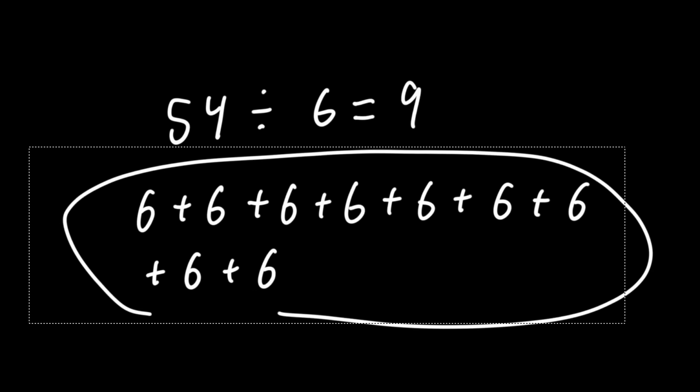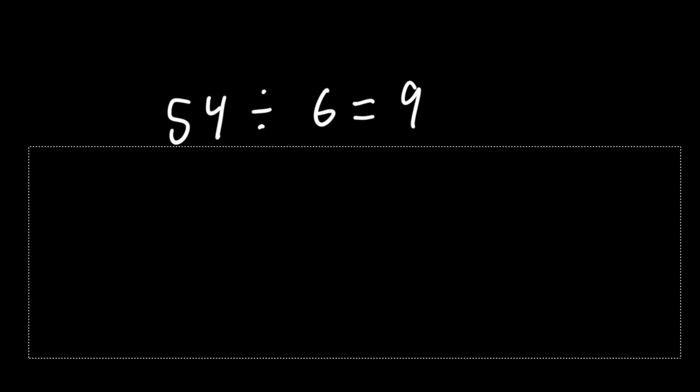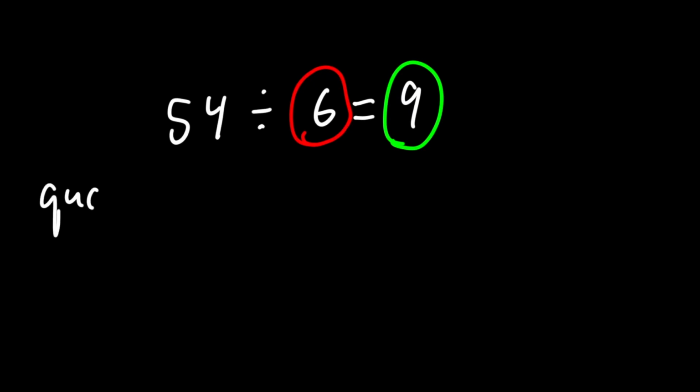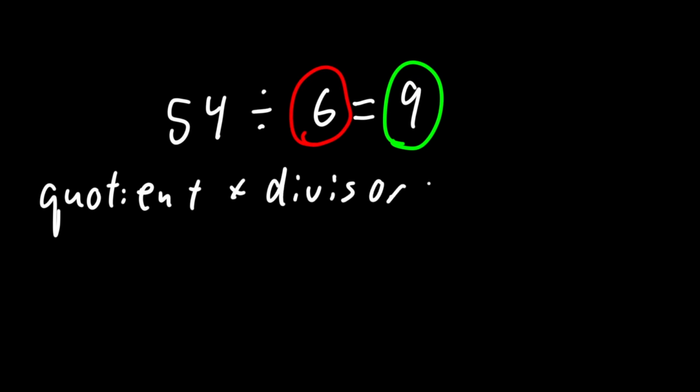And now let's check our work with the easier method. So notice how this is the quotient and this is the divisor. So the quotient times the divisor should equal the dividend.